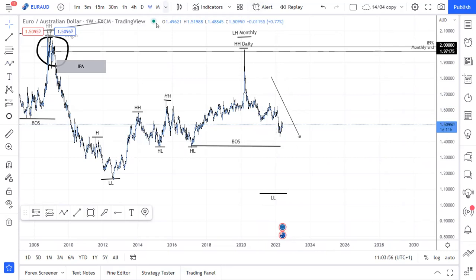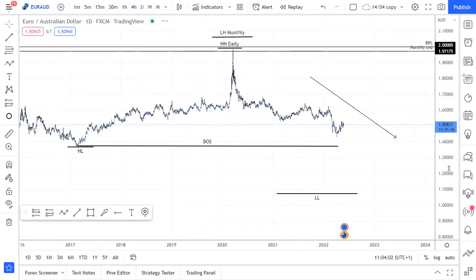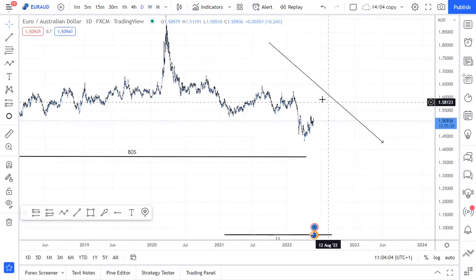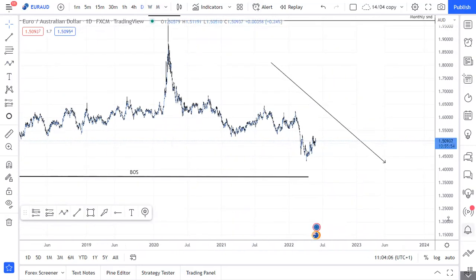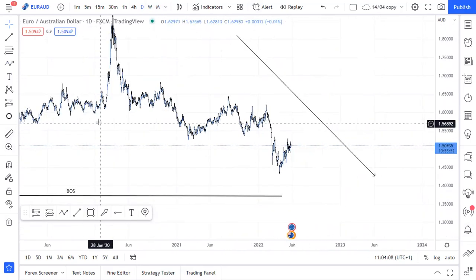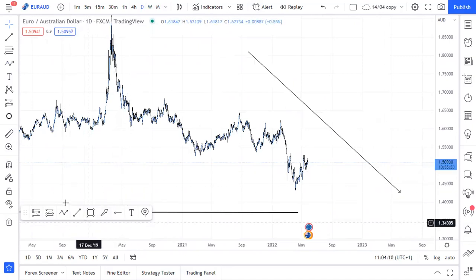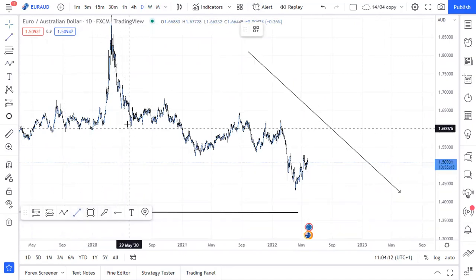But at the minute, we know that we are looking for sells down into this level. So if we jump down to the daily, all we do is just use the same steps again. That was a break of structure.